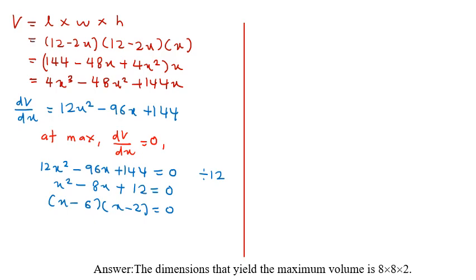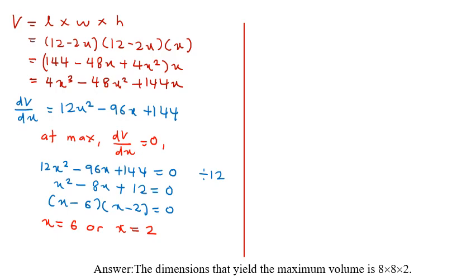And then we know each term can be divided by 12, so we can simplify to get x squared minus 8x plus 12. This we can factorize easily: x minus 6, x minus 2. So we get the value of x is 6 or 2. Which of these two values will give the maximum?